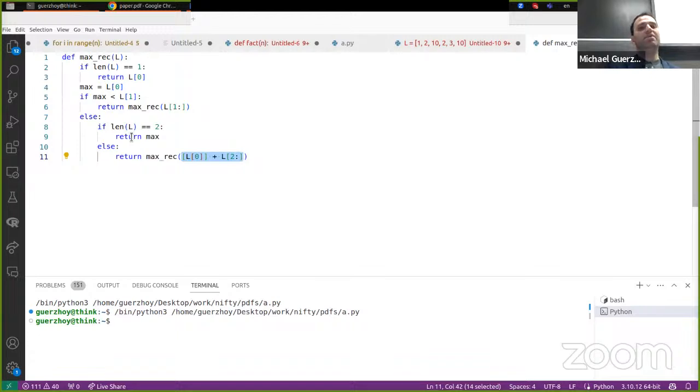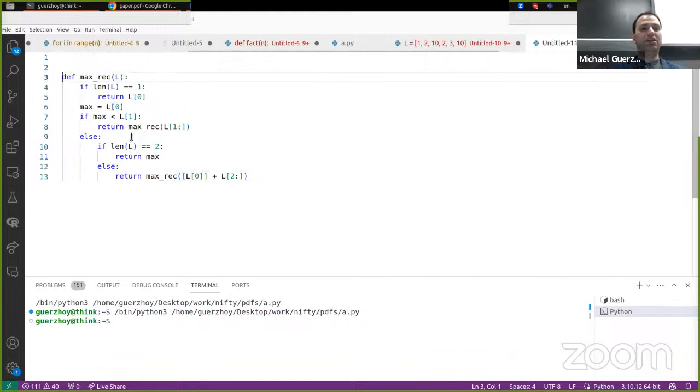And the reason that works is you are either returning an answer or you're shortening the list in a way that's mathematically correct, because you're saying L at 1 is definitely not the maximum.